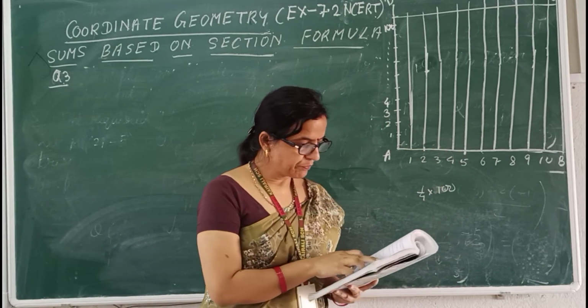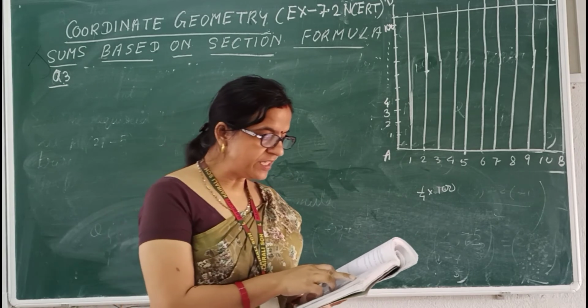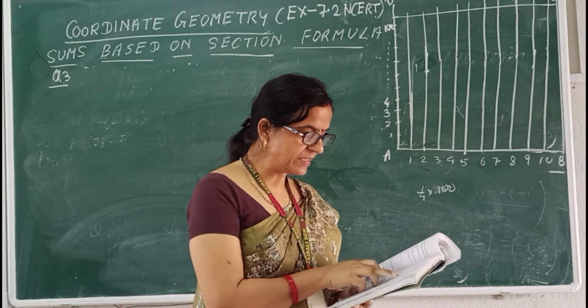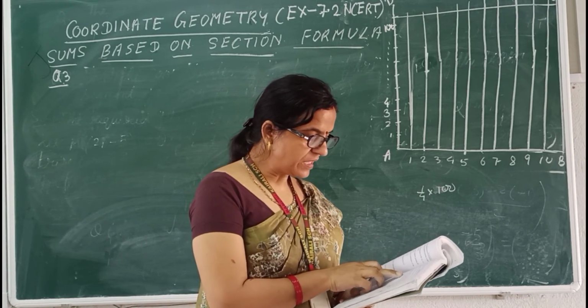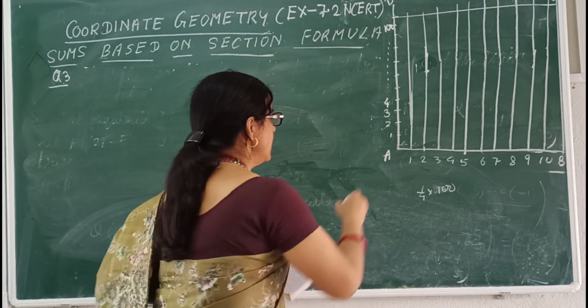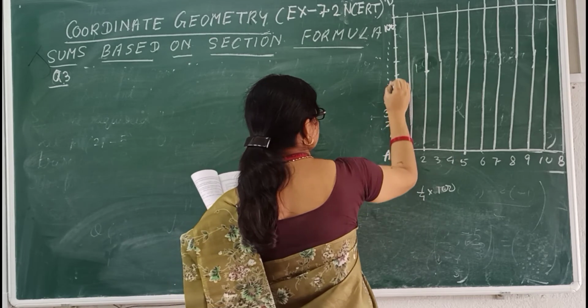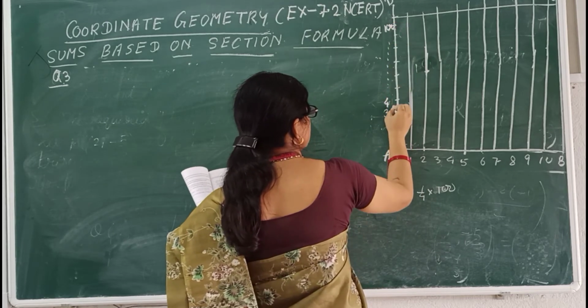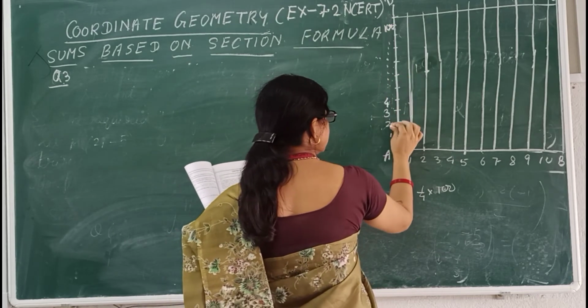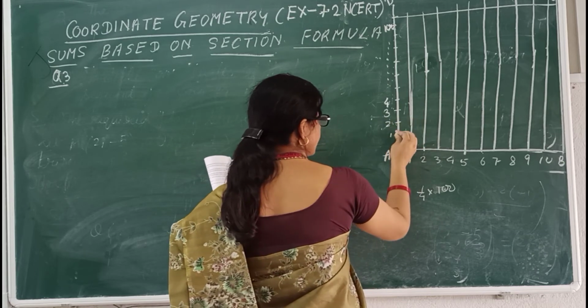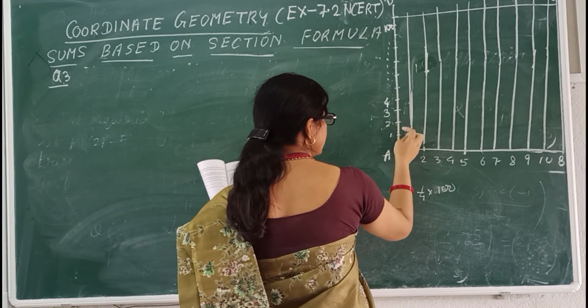And after that, 100 flower pots have been placed at a distance of 1 meter from each other along the line AD. Now this is the line AD. Along this line AD, 100 flower pots are there, 1, 2, 3, 4 and so on till 100, and the distance between each pot, this is pot 1 and pot 2, is 1 meter.